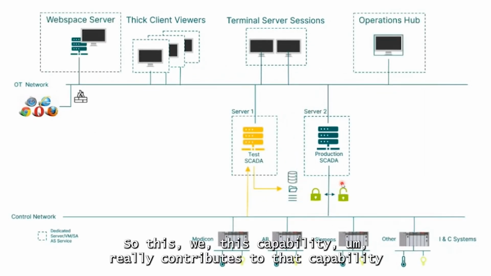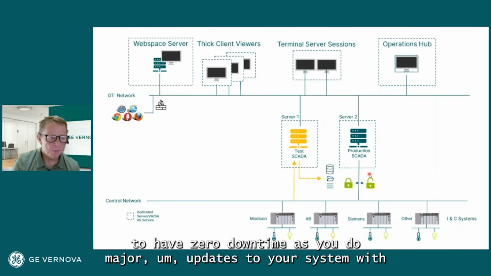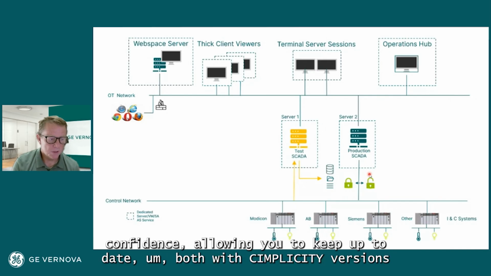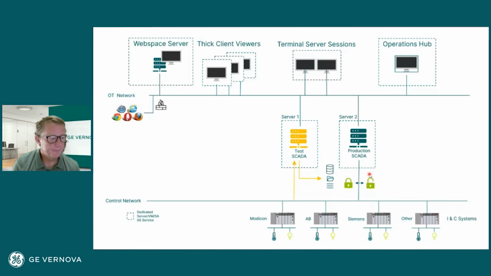So this capability really contributes to having zero downtime as you do major updates to your system with confidence, allowing you to keep up to date both with Cimplicity versions and with the latest changes that you've made to your project.